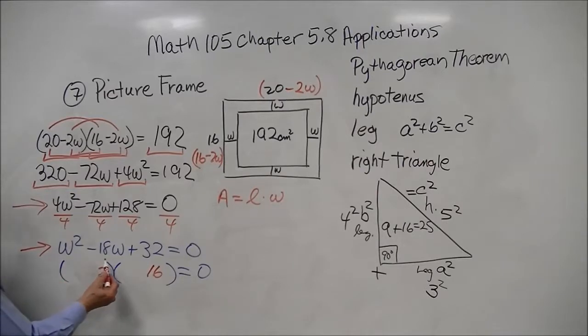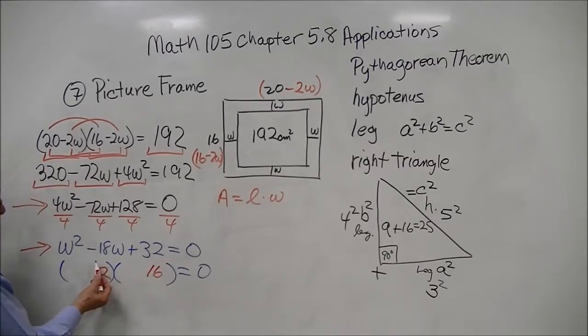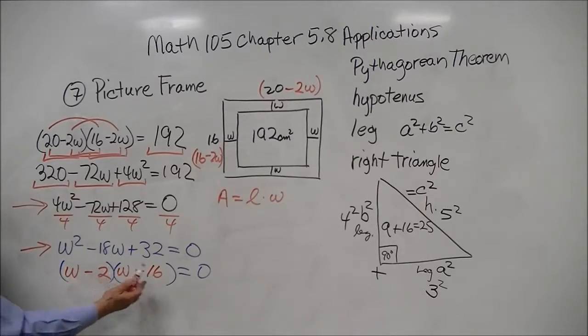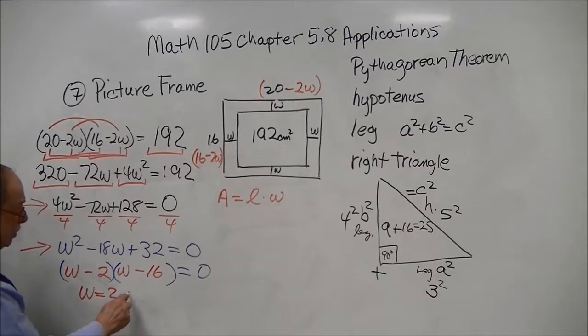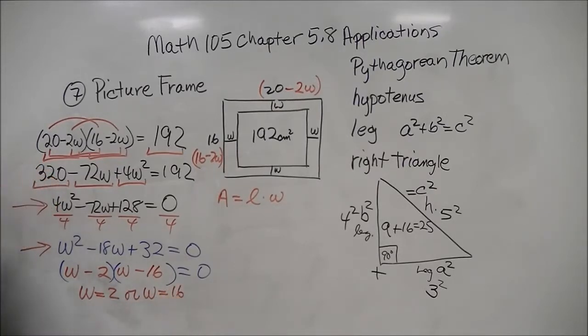And then I had factors of 32 that add up to a negative 18. Put in my correct signs, and I have w equals 2 or w equals 16.